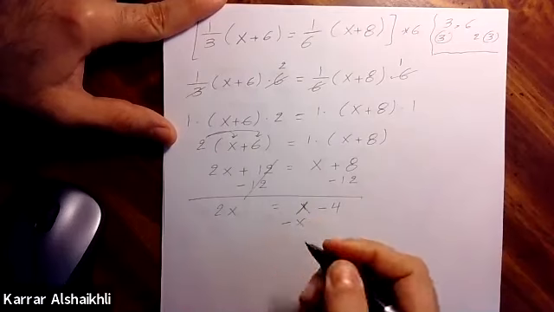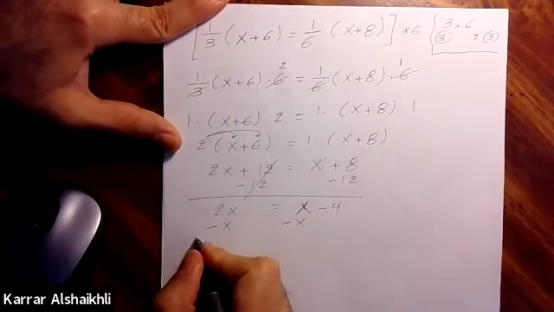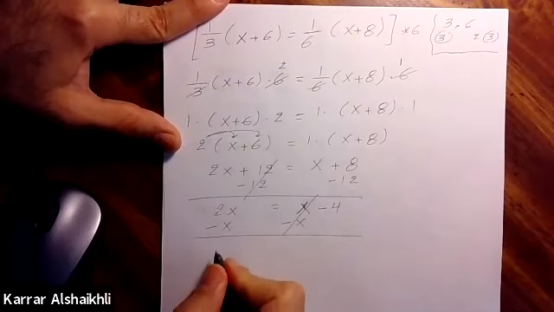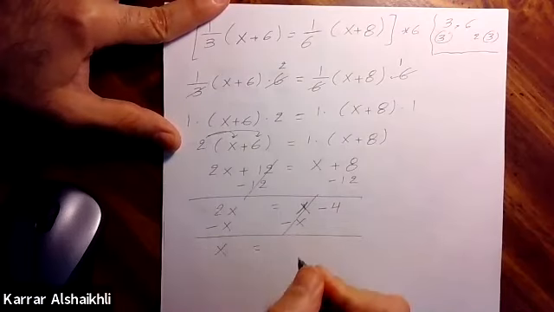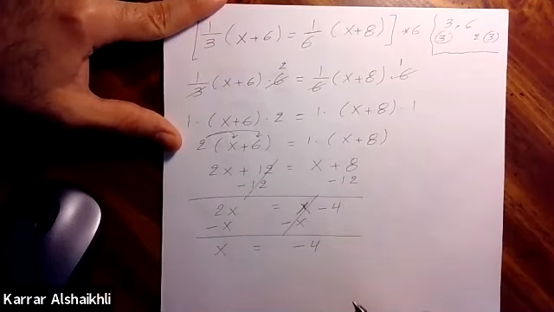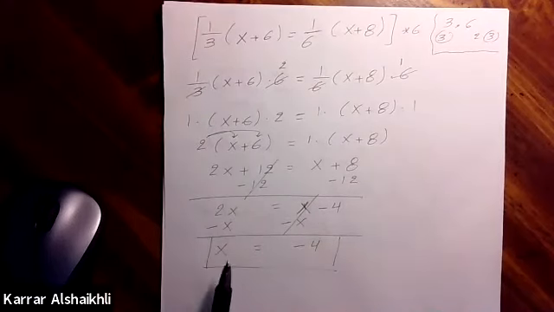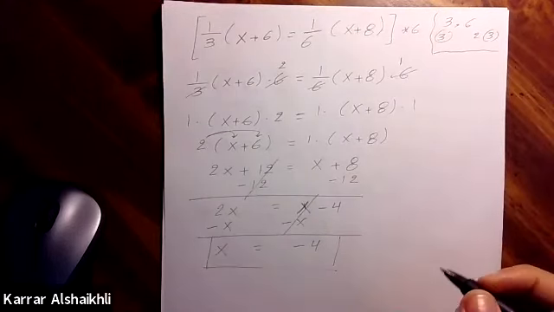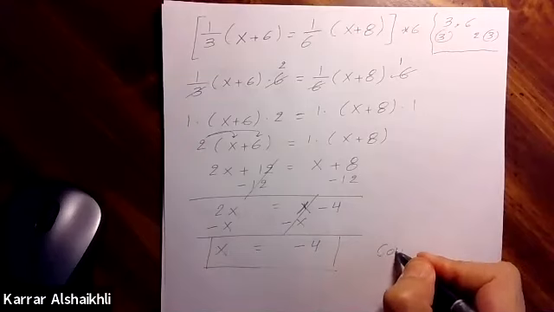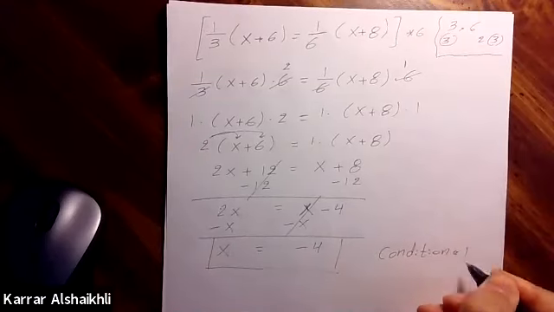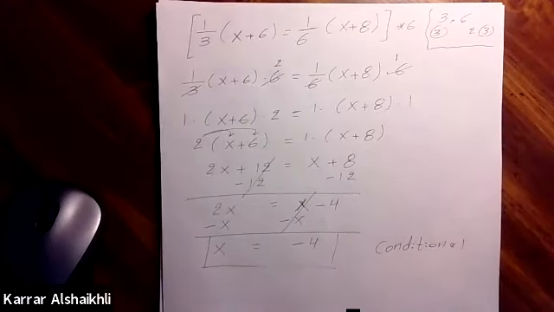So minus x, cancel these. So 2x minus x is going to be x equal negative 4. That's it. You see, I have x equal a number. That means the type of this equation is conditional, and I have only one solution.